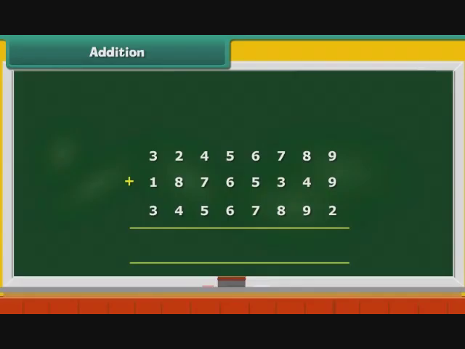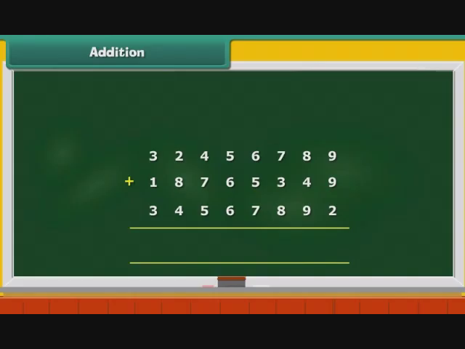Let us now learn to add large numbers. We begin with the addition of 3 large numbers: 32456789, 18765349 and 34567892. Draw the Indian place value chart. Arrange the numbers one below the other.